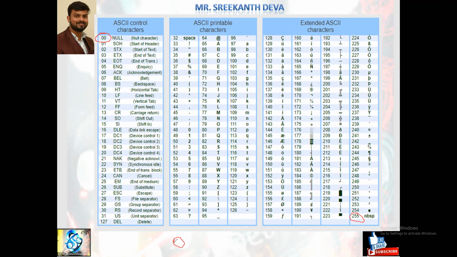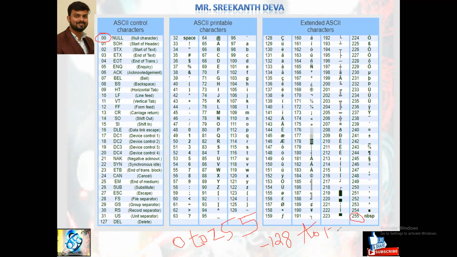At present just remember that 0 to 255 characters represent unsigned characters. Also, the signed characters are represented by minus 128 to 127.